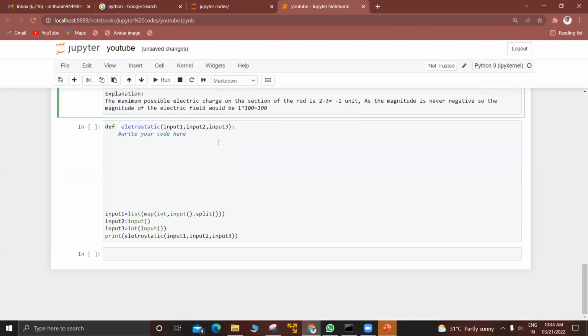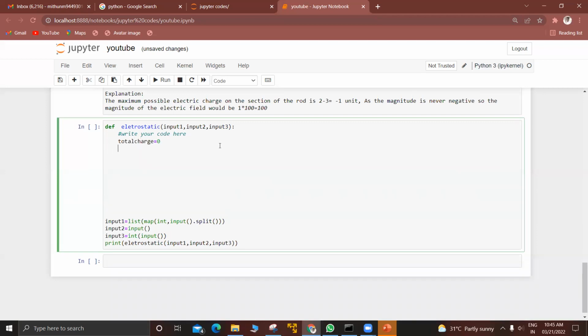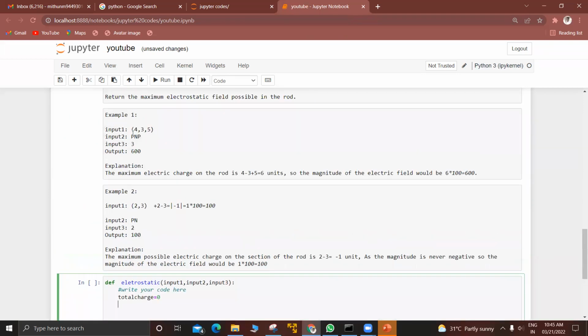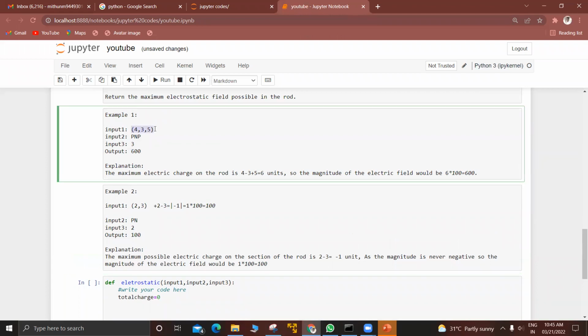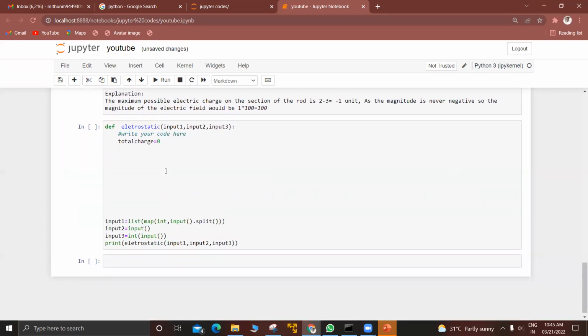Okay, let us implement this in a programming part. So we need one variable to store the total charge. So total charge as of now initially will be 0. To find the total charge, we need to traverse through this input 1 array.